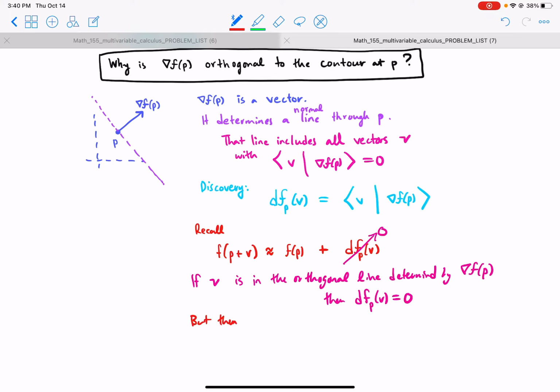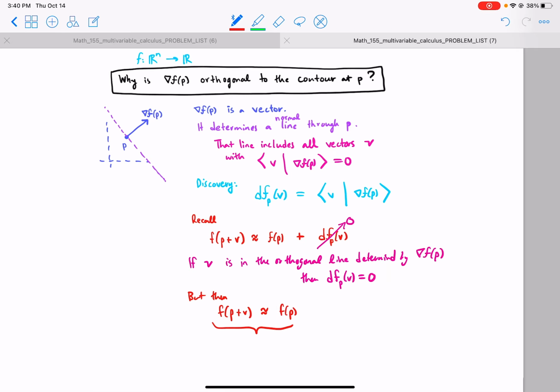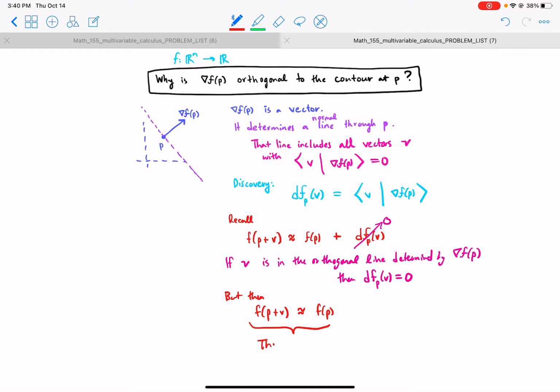But then f of p plus v is equal to f of p plus 0, which means the function value stays the same. Stays the same. Well, to linear approximation.